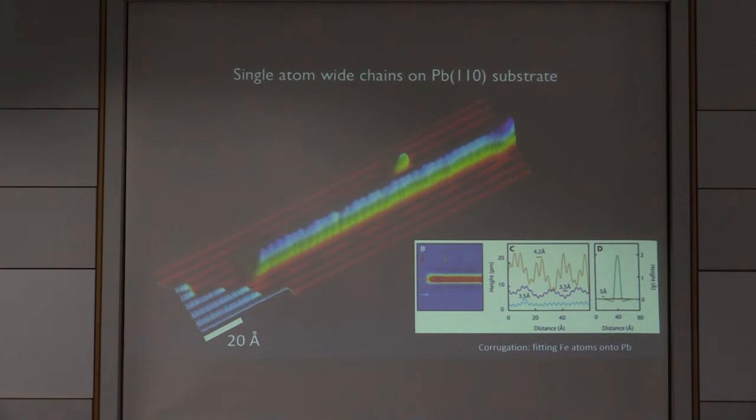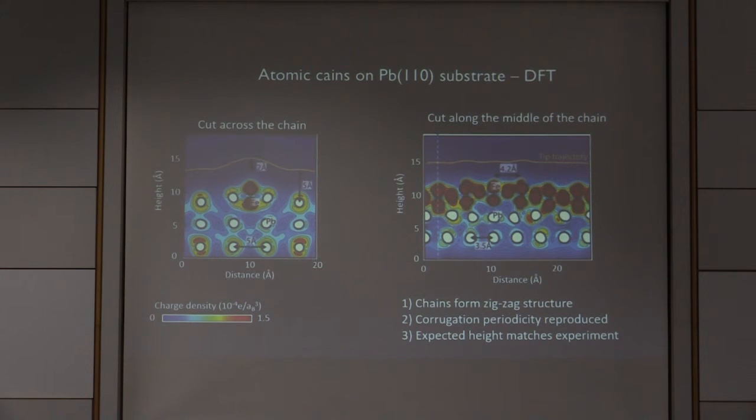So we asked our friends who are doing DFT whether they can come up with a structure which reproduces this, and whether they can help us figure out what the structure of the chain is. And basically this is what we got back. The proposed structure of the chain is that it's, on this picture, 2 atoms high.